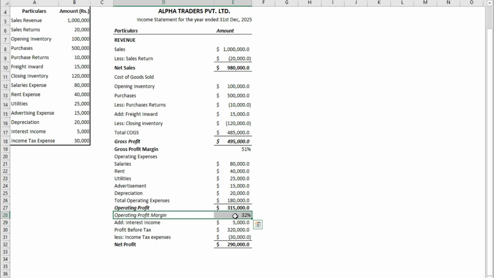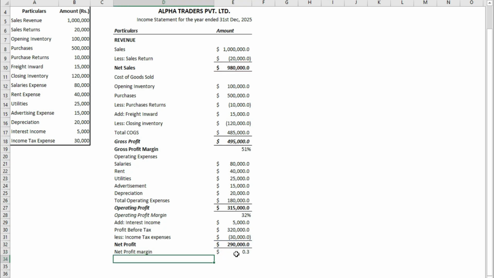It's working very good. And the net profit margin, let's find out how much it is. Net profit margin is net profit divided by net sales.